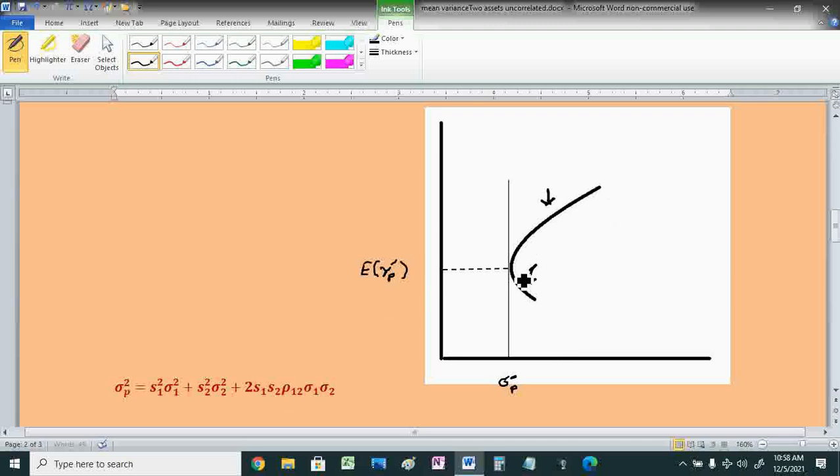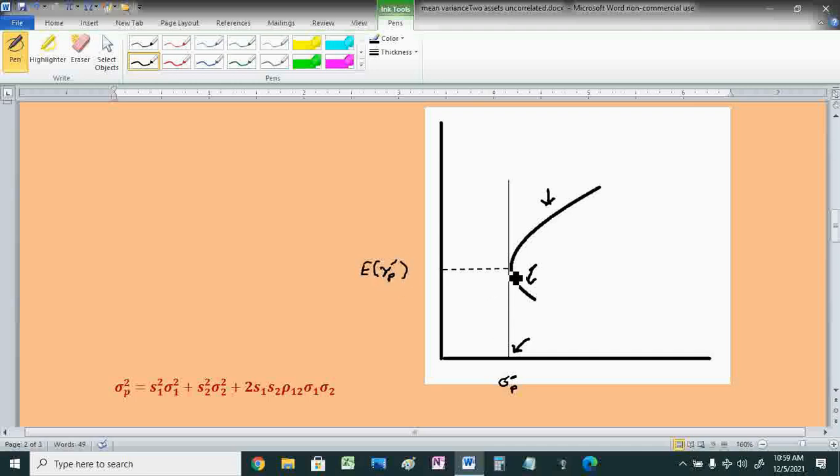And I have drawn this vertical line to show you that on this portfolio possibility frontier there is a particular portfolio where the standard deviation will be at its minimum, and I have associated with it an expected rate of return, portfolio return, and I have labeled it as E of RP dash.